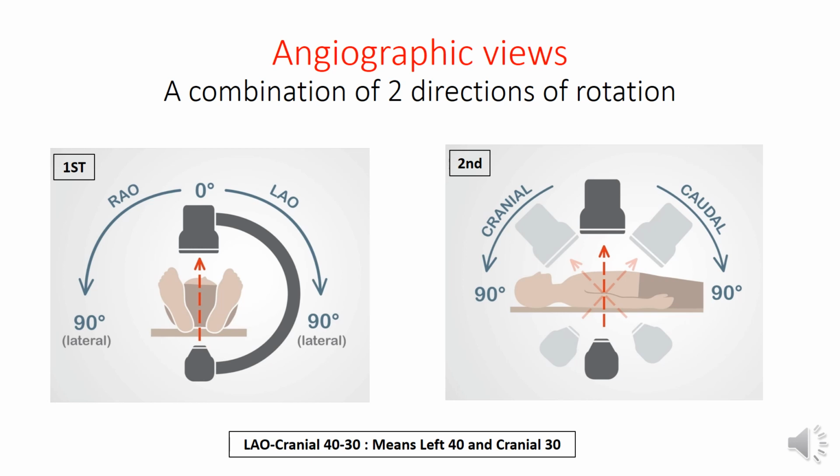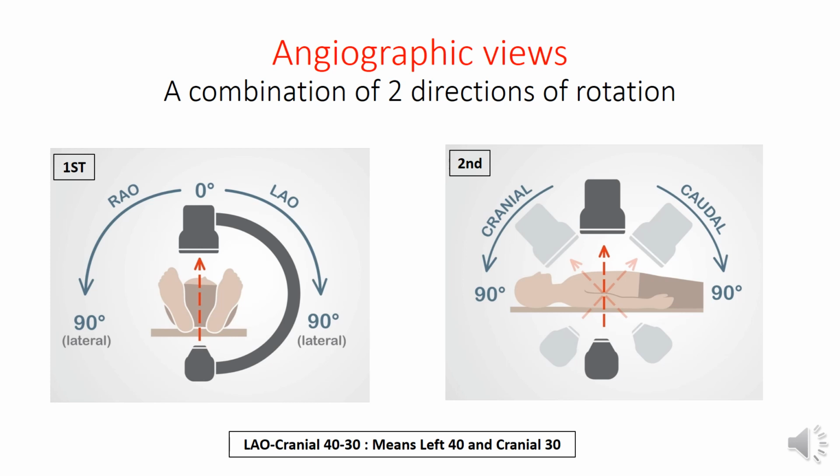So in the cath lab we have the X-ray machine. This is the source of X-ray, and here is the image receiver. We have two directions of movement of the X-ray tube: right and left direction, and cranial and caudal direction.